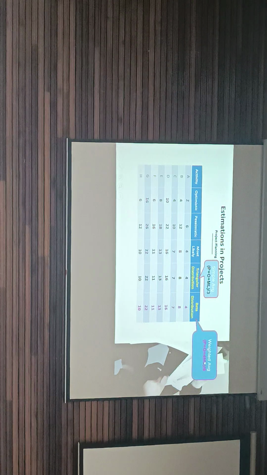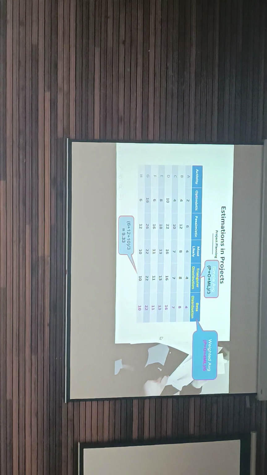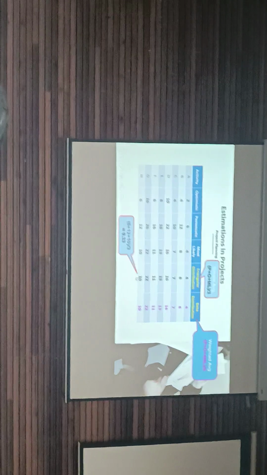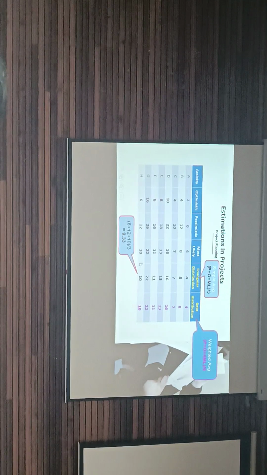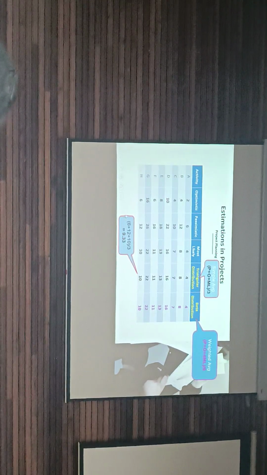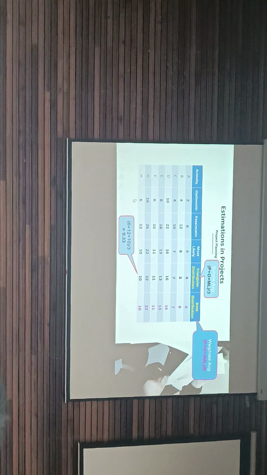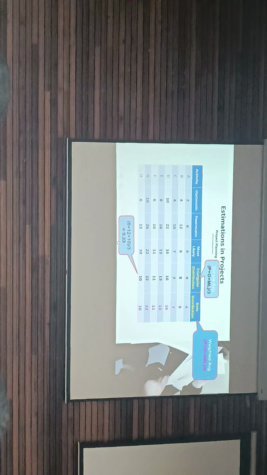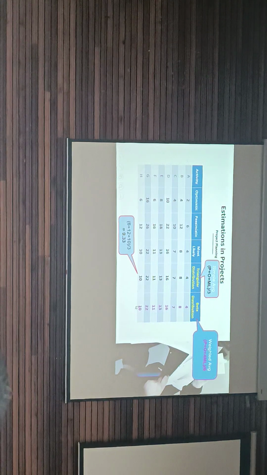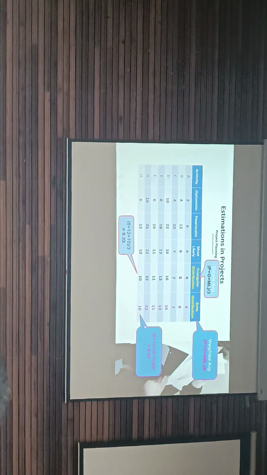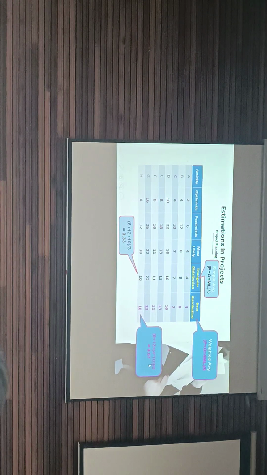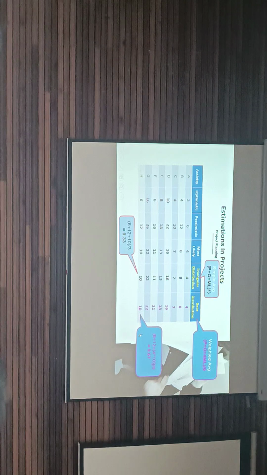This is the weighted average, so you give more weight to most likely. For H, it is 6 plus 12 plus 10 divided by 3, which is 9.33. This one is 6 plus 12 plus 4 multiplied by 10, divided by 6, which is 9.63.